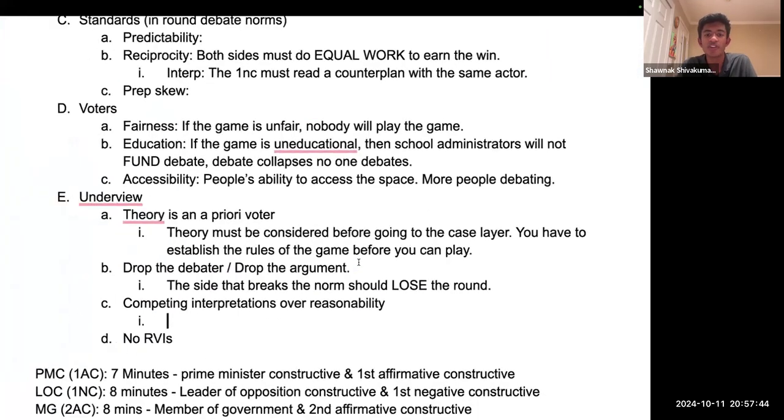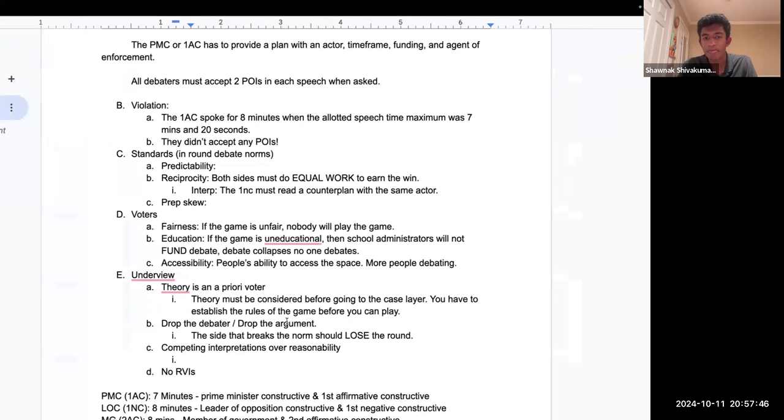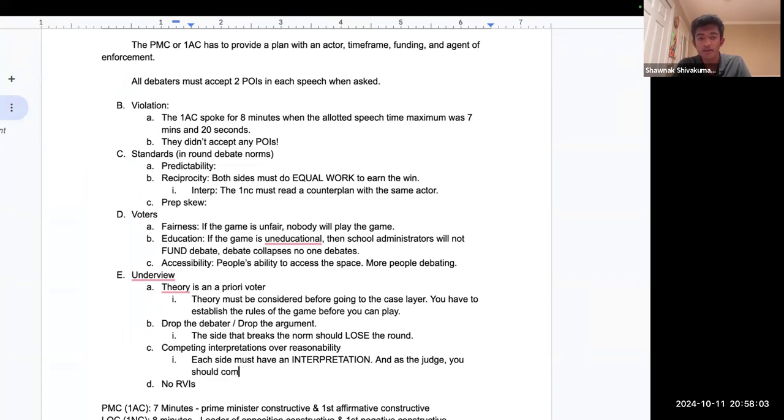Competing interpretations over reasonability. This is the part that says that each side must have an interpretation. And as the judge, you should compare the two interpretations to choose the better one.